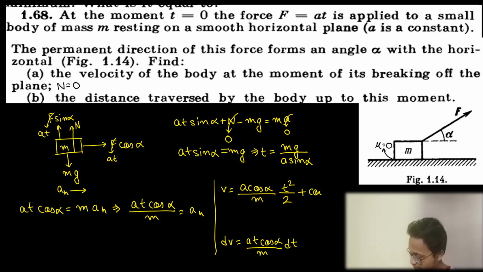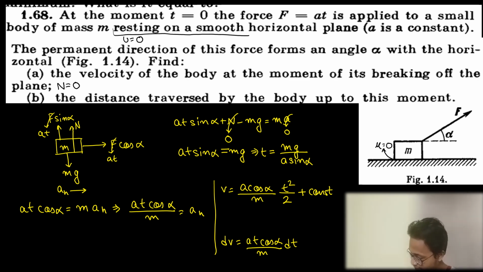Let me put the boundary condition. At the moment t is equal to 0, what is the initial velocity? See, the body of mass m is resting on a smooth horizontal plane. That means this part of the question is saying that the initial velocity is equal to 0.